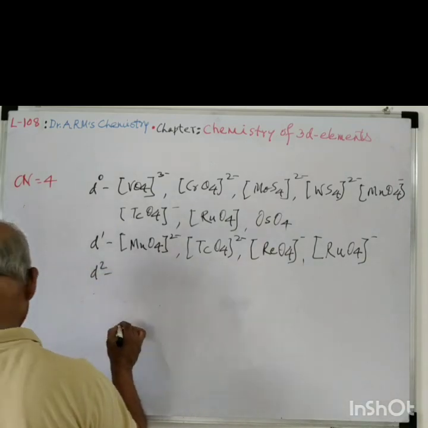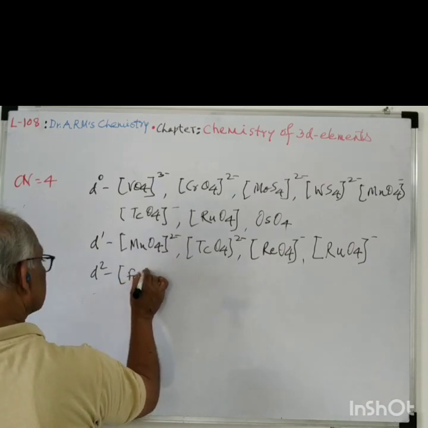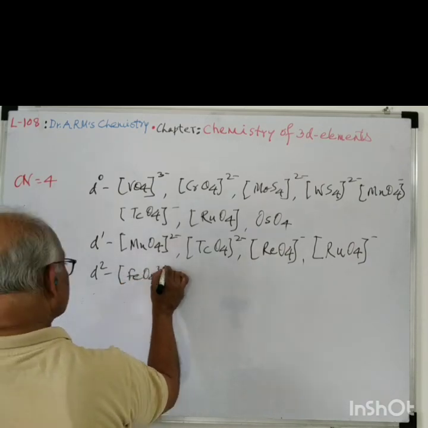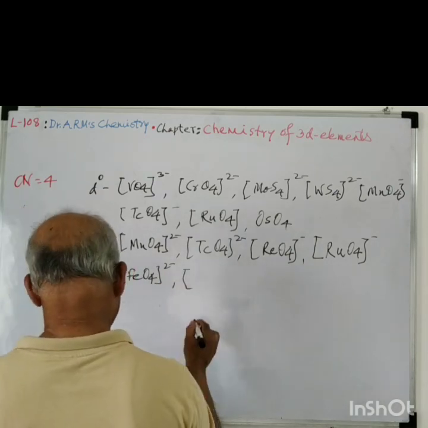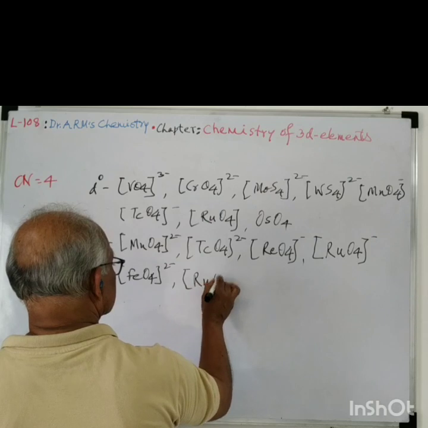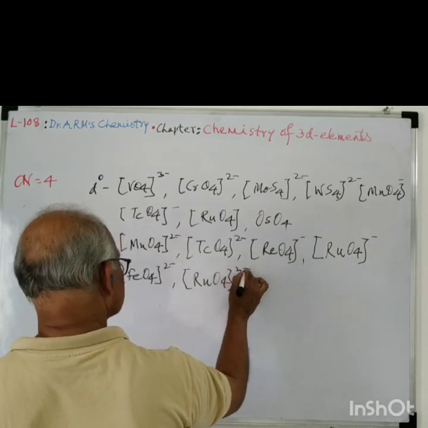Then d2 configuration: FeO4 2 minus, ReO4 2 minus.